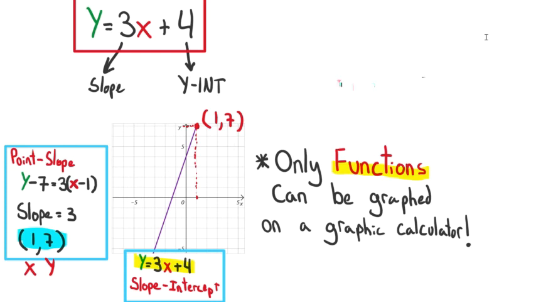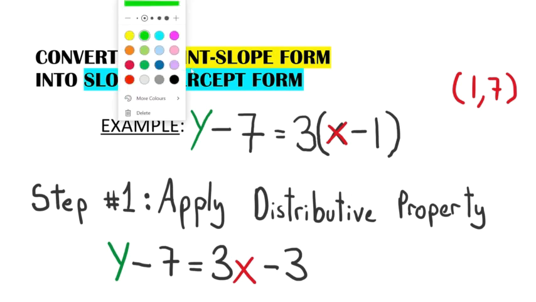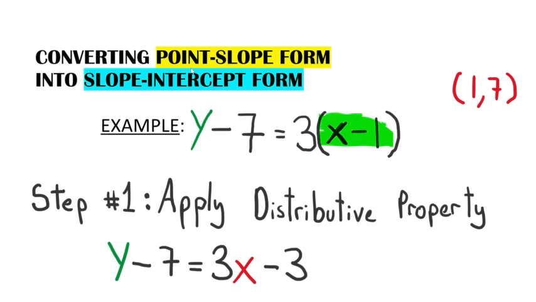To review, when we convert from point-slope form into slope-intercept form, we are following the following process, whereby we are first applying the distributive property to the brackets that we have been given in point-slope form, x minus 1. This gives us y minus 7 equals 3x minus 3.